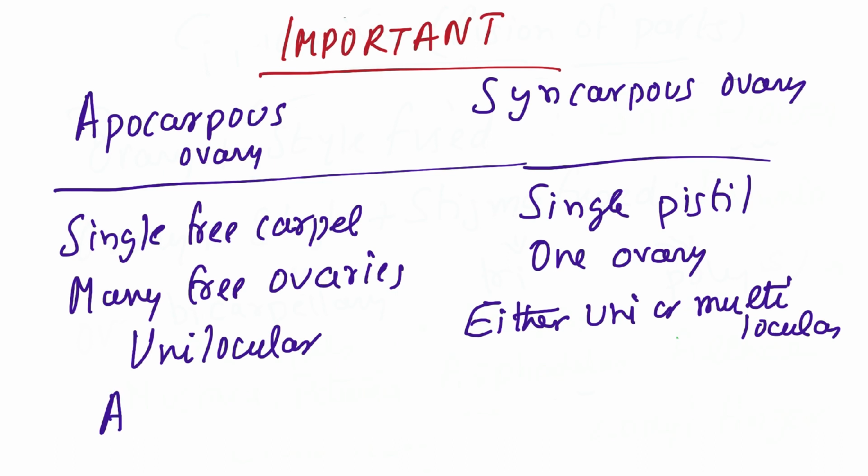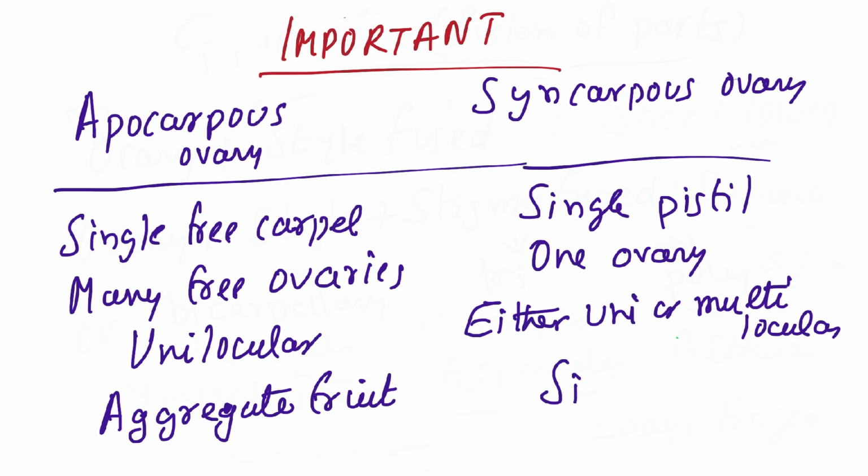And the last, a very important division, is that apocarpous ovaries develop to form aggregate fruits. That's multiple fruits, something like multiple fruits staying together. Syncarpous gives a simple fruit.